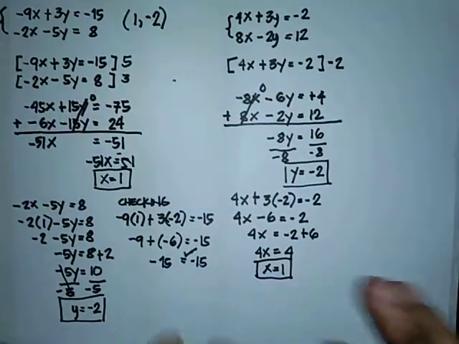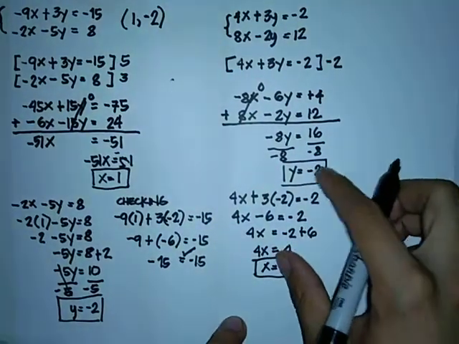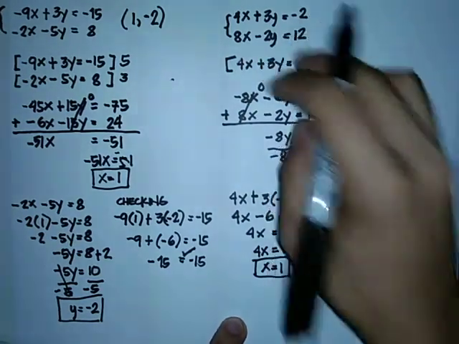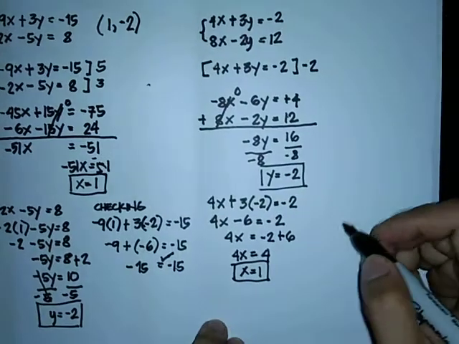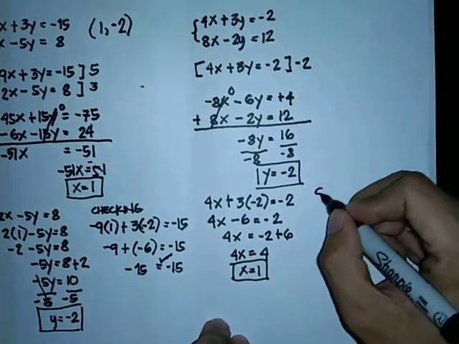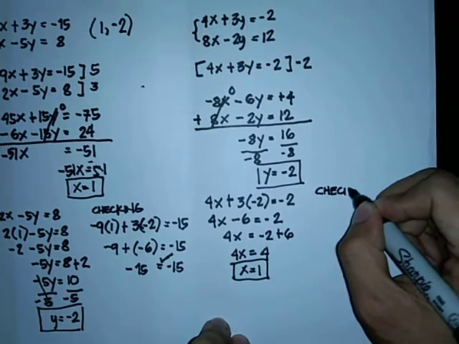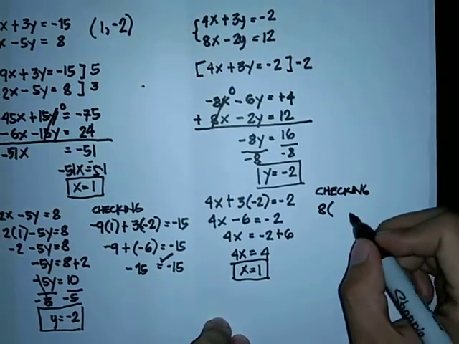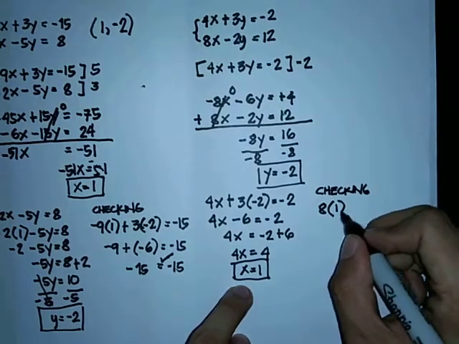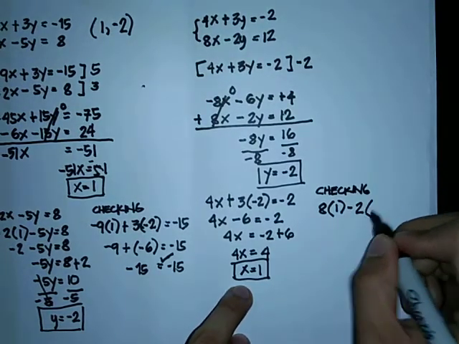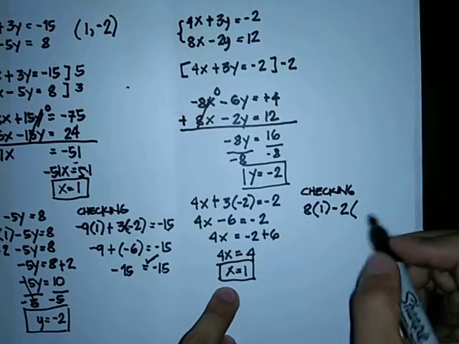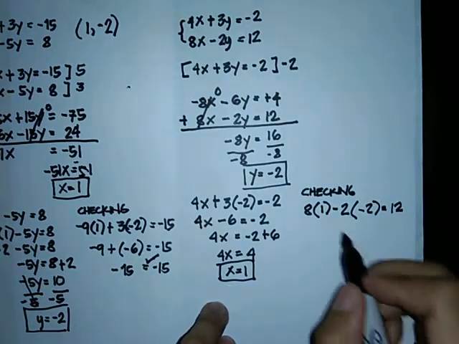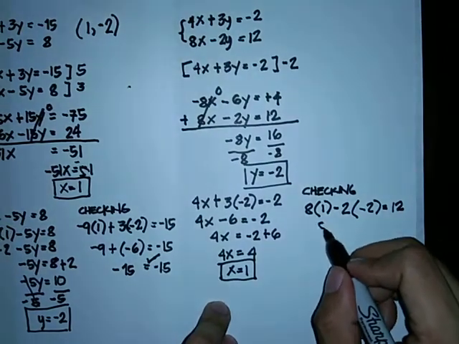So we can check naman yung ating solution sets. We have 1 and negative 2. So isa-substitute ko naman yon dun sa ating second equation. So what all I have sa ating checking is we have 8 times 1 minus 2 times negative 2. Kailangan siya ay mag-equal sa 12. So we have 8 times 1, that is equal to 8.